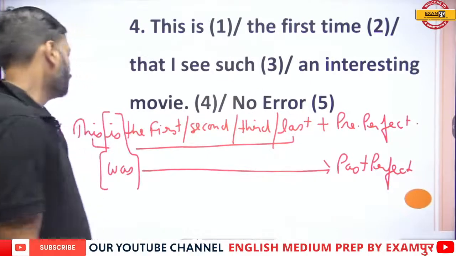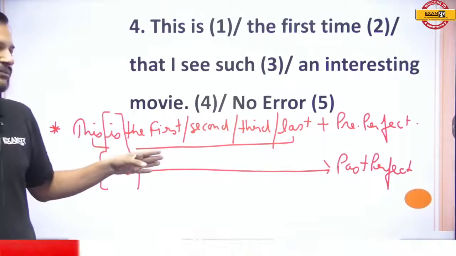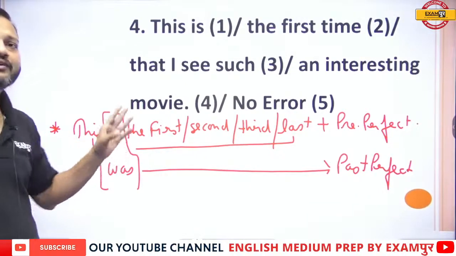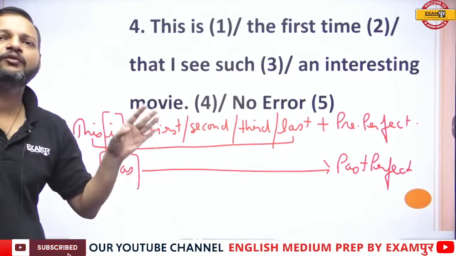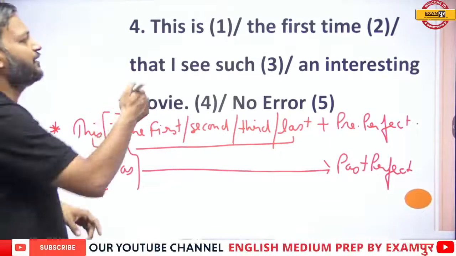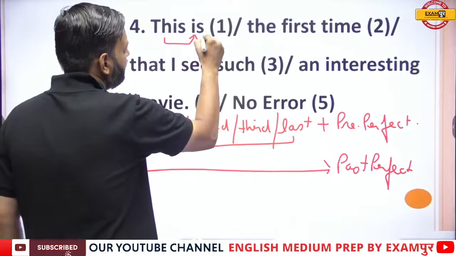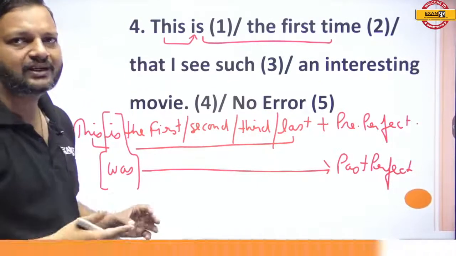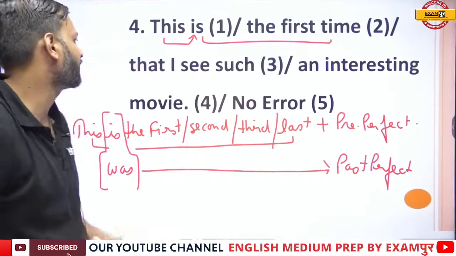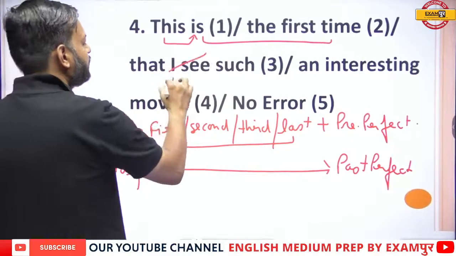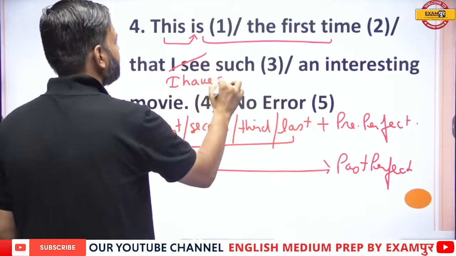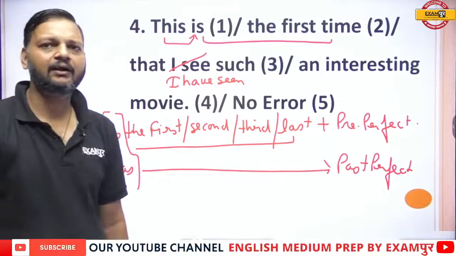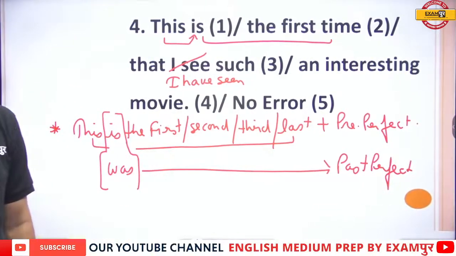So if a sentence starts with this is the first time, it should be present perfect, and if a sentence starts with this was the first time, the tense would be past perfect. So here we have this is the first time, so the tense used after this must be present perfect. In place of I see, you have to write I have seen.